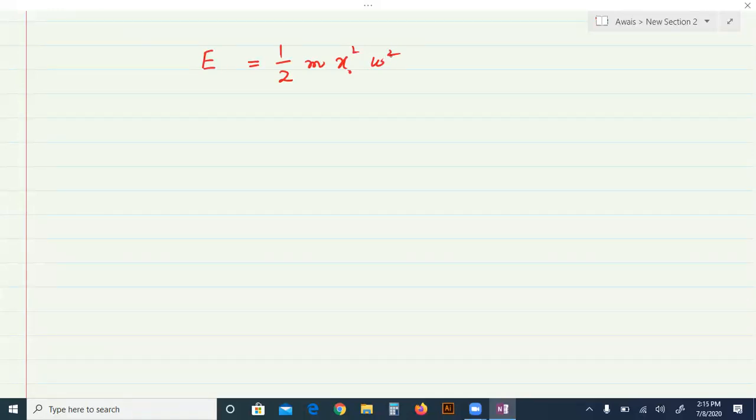So in simple harmonic motion, omega is constant, m is constant, and 1/2 is constant. So with these constant, we can write that energy in simple harmonic oscillation is proportional to x naught square, meaning energy is directly proportional to amplitude square.